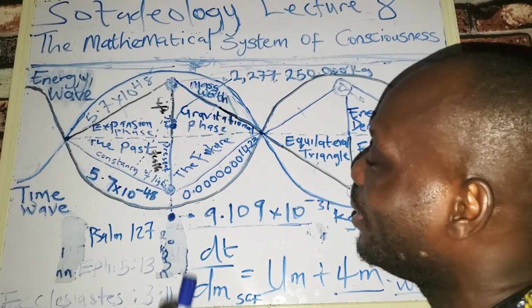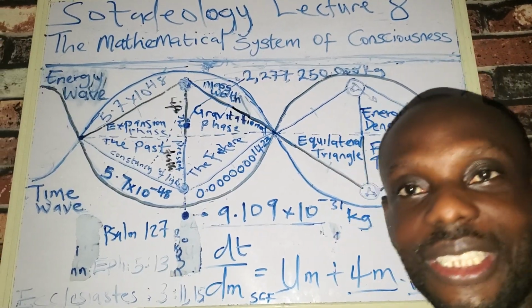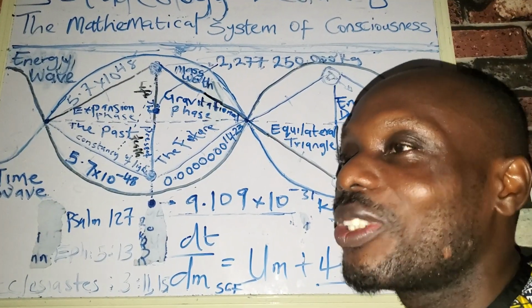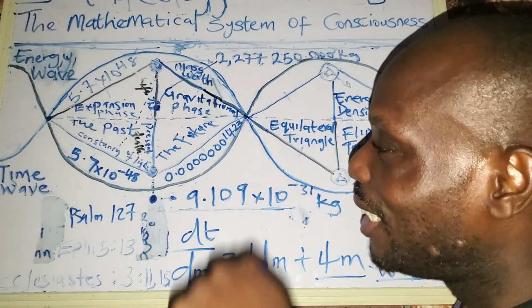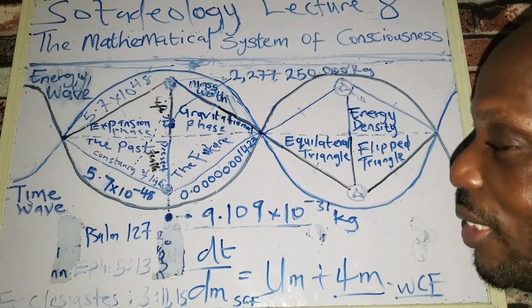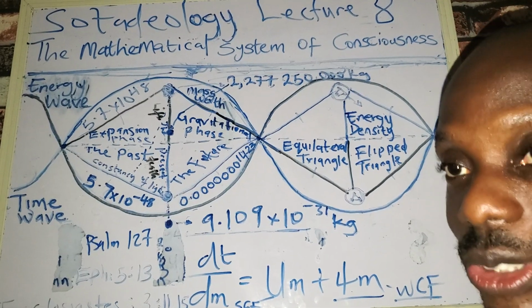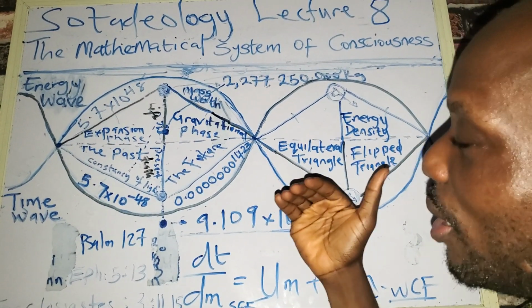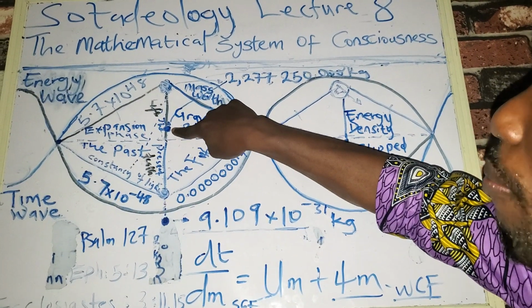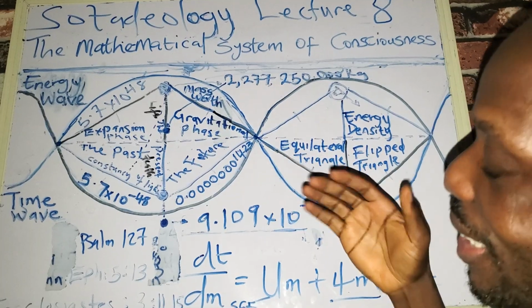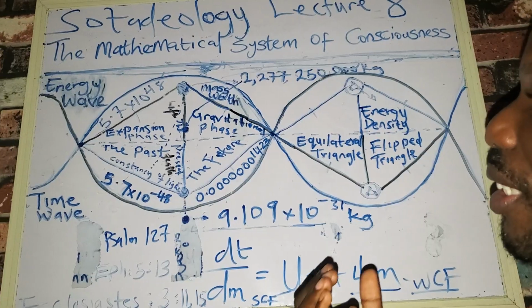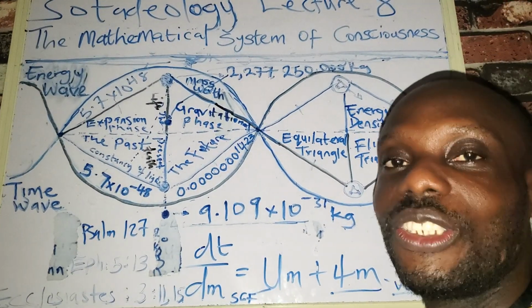Now the problem is that we cannot locate the quantum mass worth. So the quantum mass worth is the missing piece that must be located. And once that is found, there must be a feedback that we travel back to this classical mass worth, and that instant transmission of that feedback is what we have as conscious sensation.